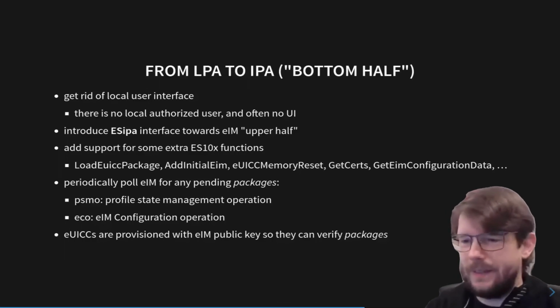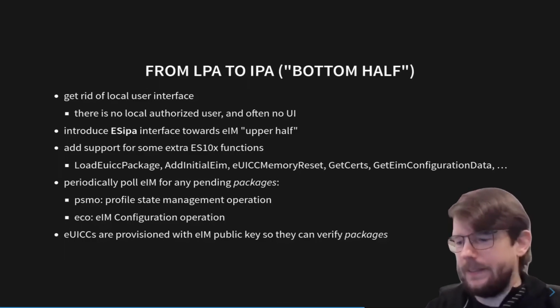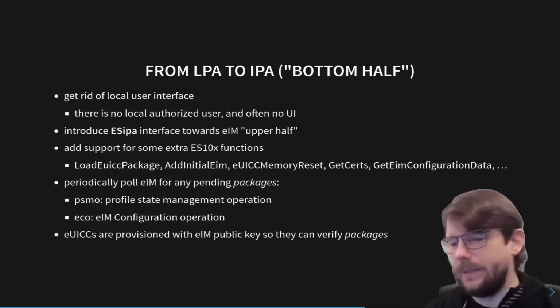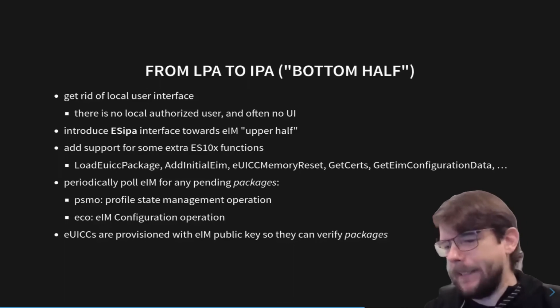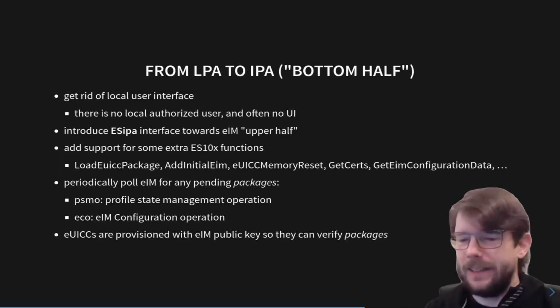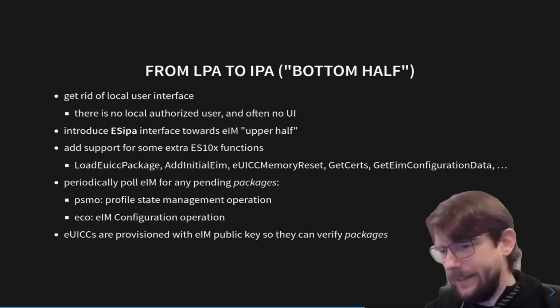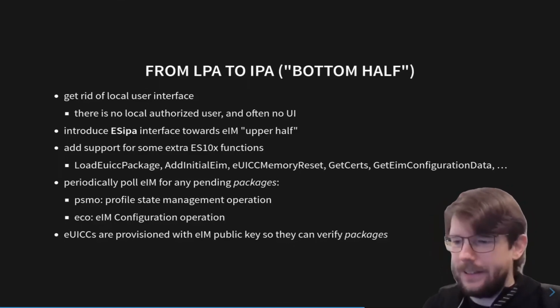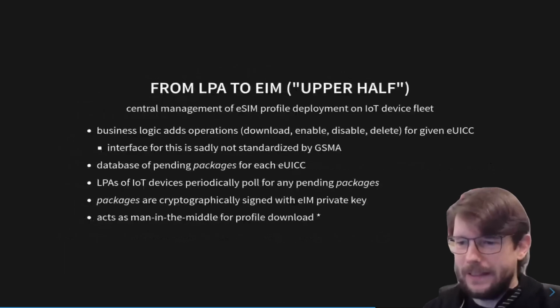So the EIM signs such a command, and the eUICC, because it has the pre-provisioned public key of the EIM, can verify the signature and the authenticity of such an enable command. And then the response also equally is signed again by the eUICC, and the EIM can verify the signature on that, that actually the profile has been enabled.